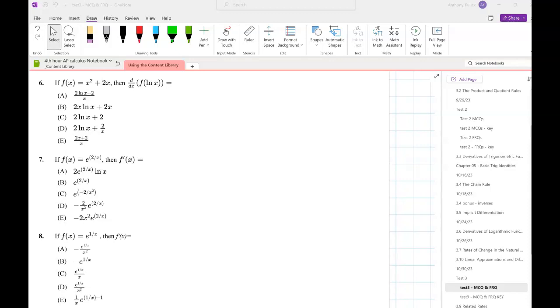Should be negative 2. I think this would be negative 2. Look at the answer choices too. Circumference is 2 pi r, area is pi r squared.